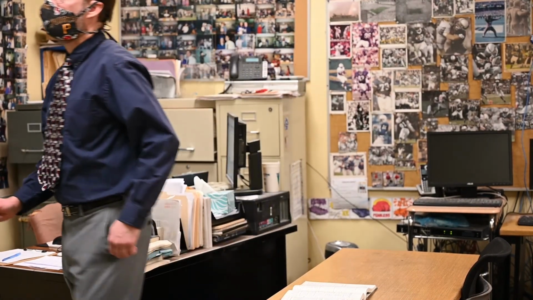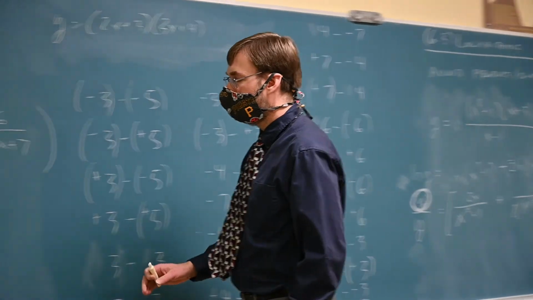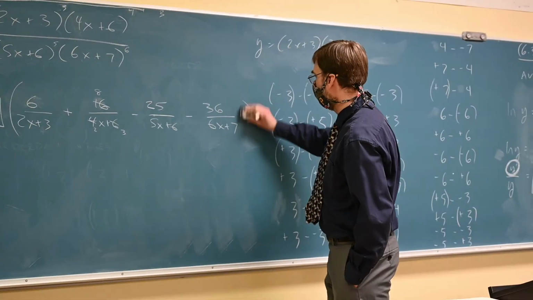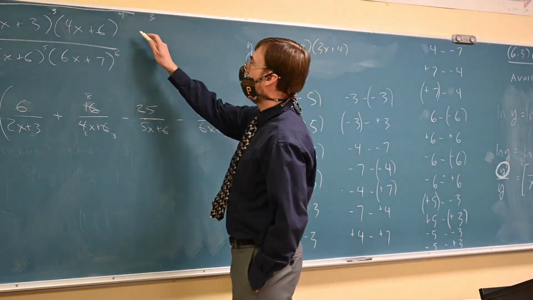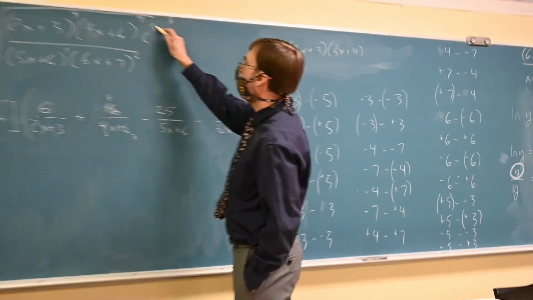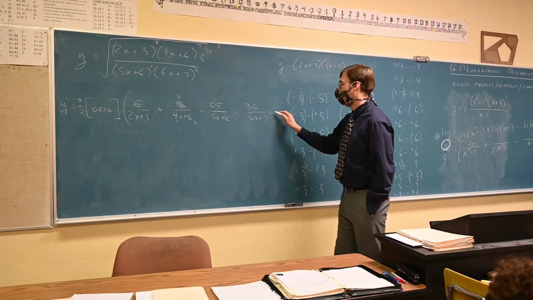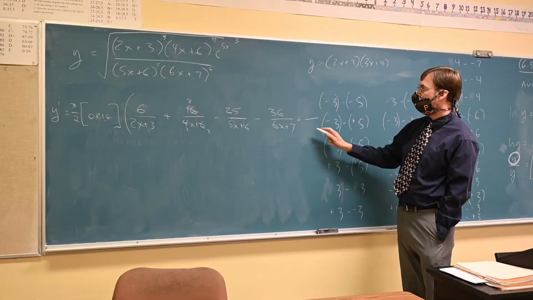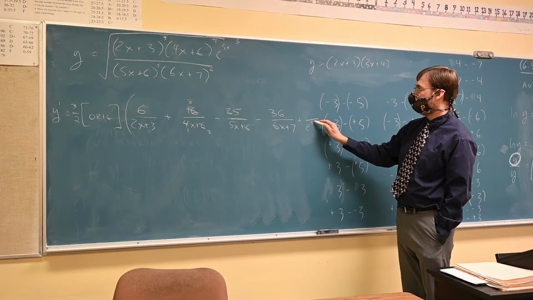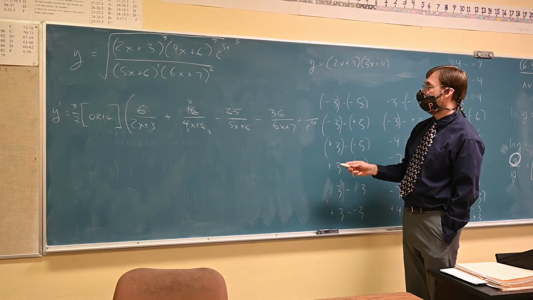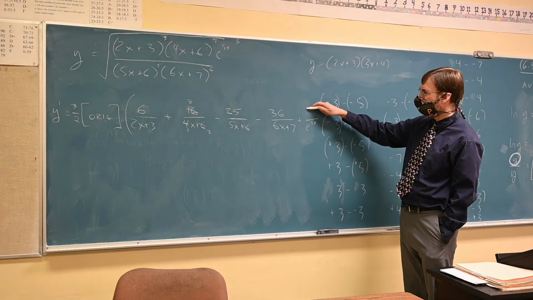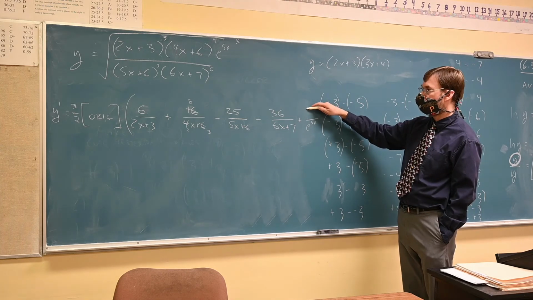One thing I see that you might have forgotten how to do: let's say I throw on here an e to the 5x. Now I need to add on a fraction that would have e to the 5x. Do you remember how to do that as a derivative? It's been a couple days.